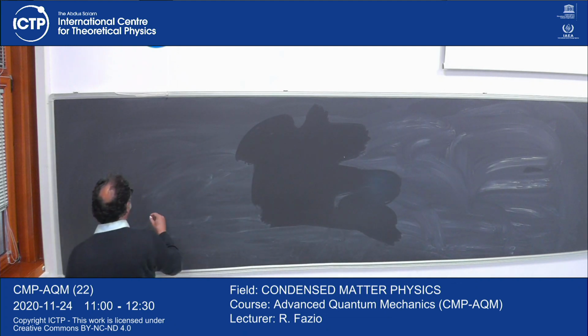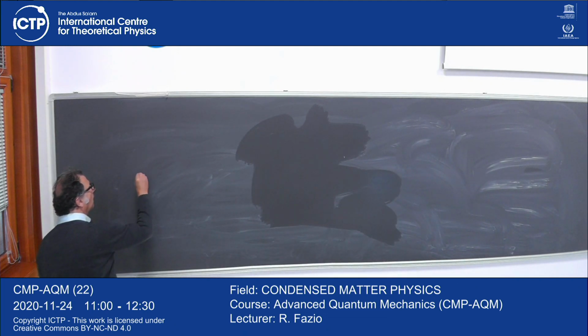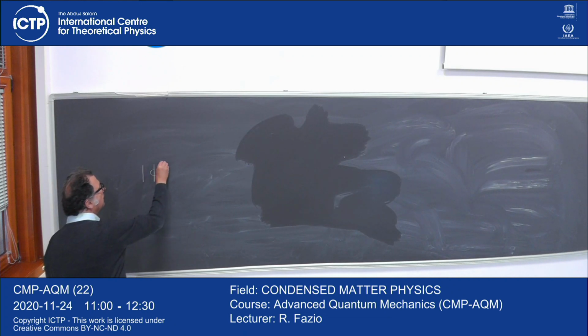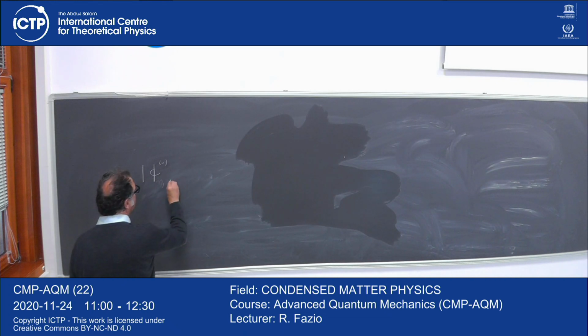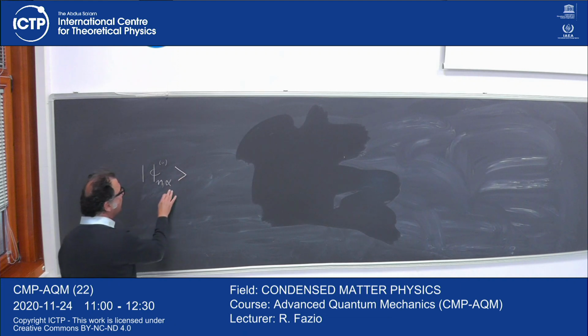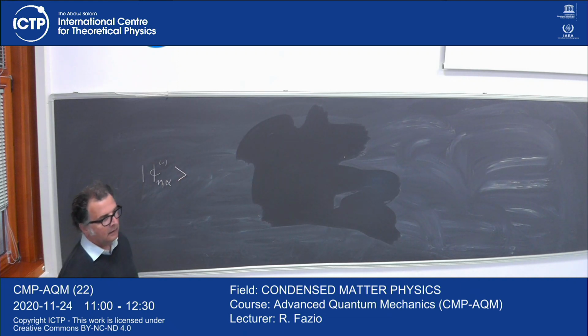Just imagine that you have a degenerate system, phi 0 of n, so the nth level has some extra index which labels the degeneracy.